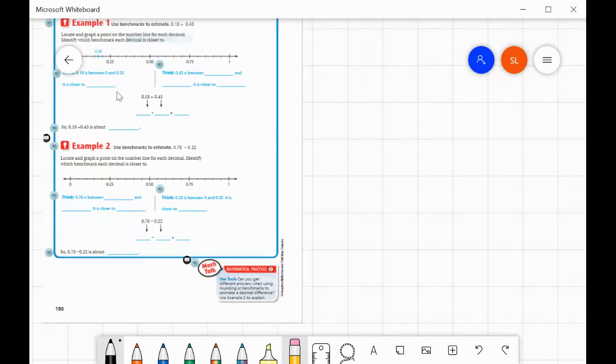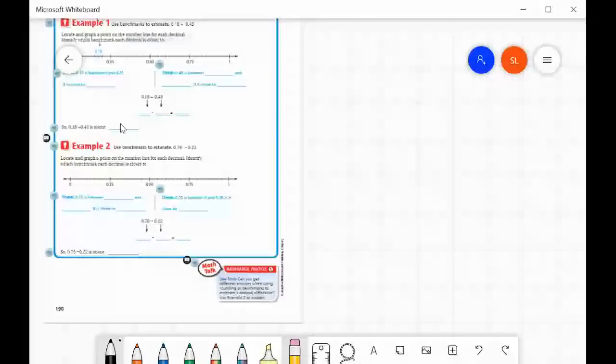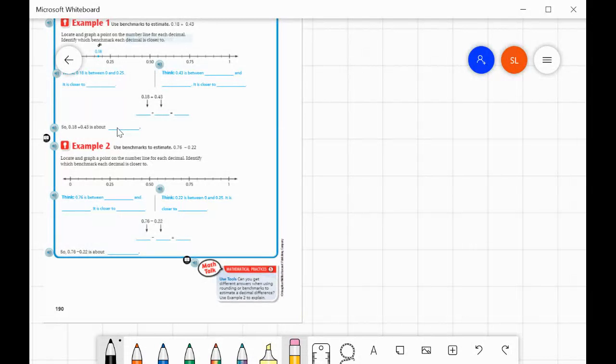If we take the number 0.18 and place it on the number line, we will see that it is closer to 0.25 than it is to 0. So we're going to use 0.25 as our benchmark.